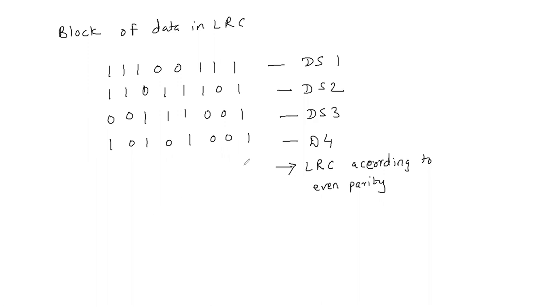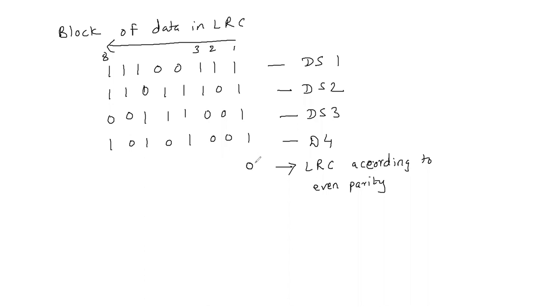So now the column will start, this is my first column, we'll start from left to right, we'll go in this direction. This is column number 1, column number 2, 3, up to column number 8. In this column the number of ones is even, therefore the LRC bit added over here will be 0.